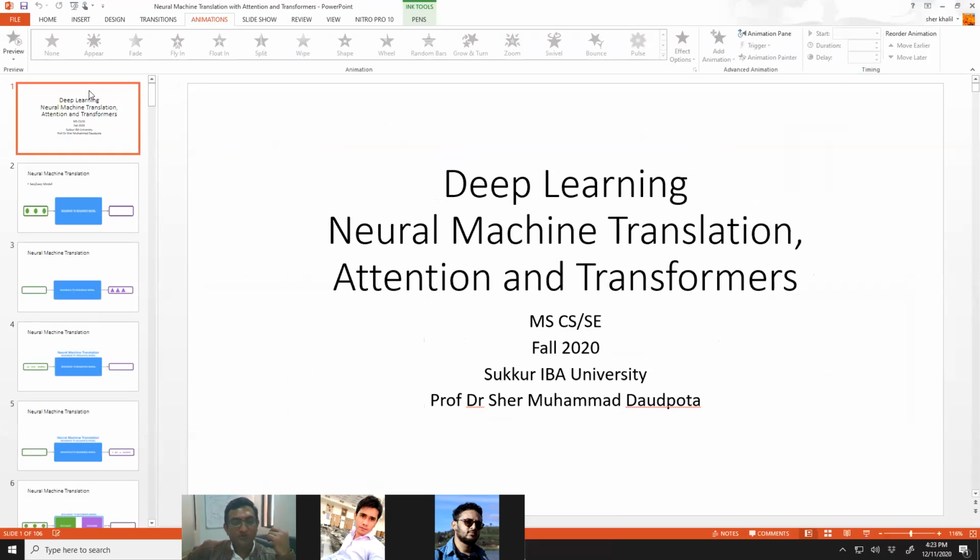To be very honest with you, I told you in my previous class that the reason why we were learning all these early neural network models was to learn attention and transformer, because these are really big things. They have given us BERT and GPT-2. If you want to understand BERT and GPT-2, they are just a stack of transformers, and transformer is actually an extension of attention.